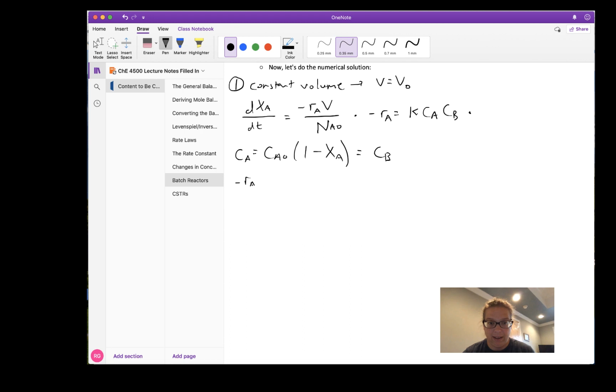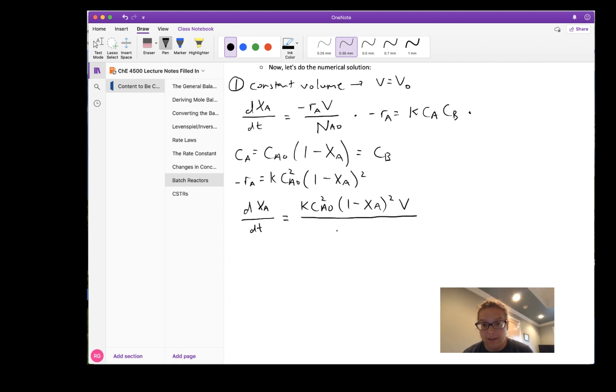So this allows me to substitute that in. I can then say rA is equal to k CA0 squared (1 minus XA) squared. And now I can substitute this into my equation: dXA/dt is equal to k CA0 squared (1 minus XA) squared times V, all over NA0. There's another simplification I can make here.